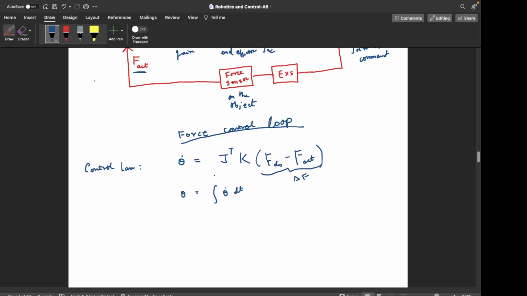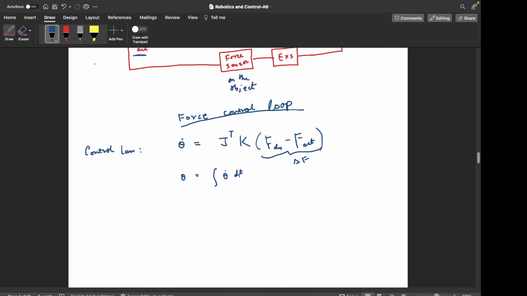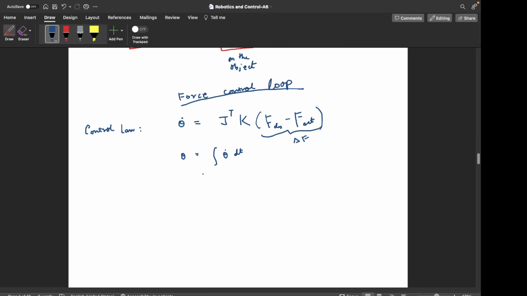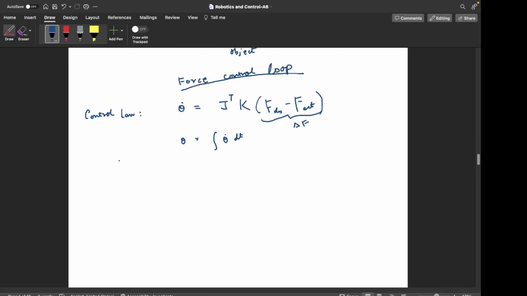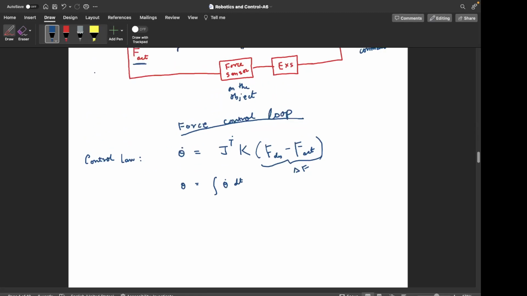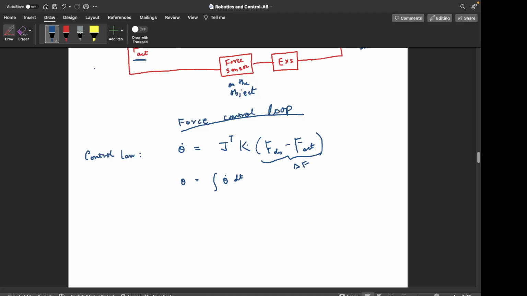In actual practice, you would use numerical schemes to integrate. Also, in the lectures it has been shown, by using the Lyapunov stability criteria, that this control law is asymptotically stable. So on a long enough time horizon, the error would not blow up.